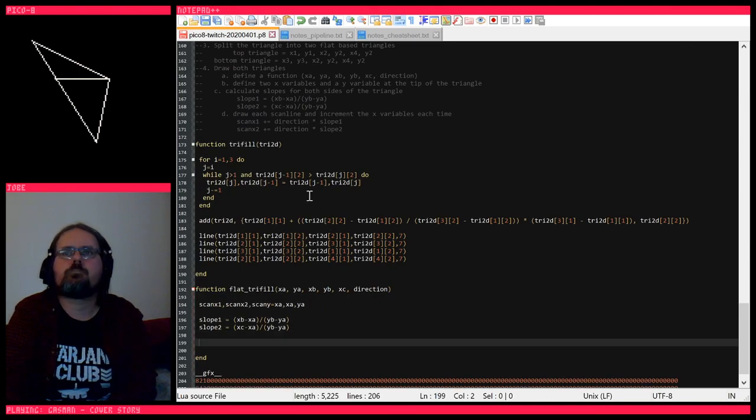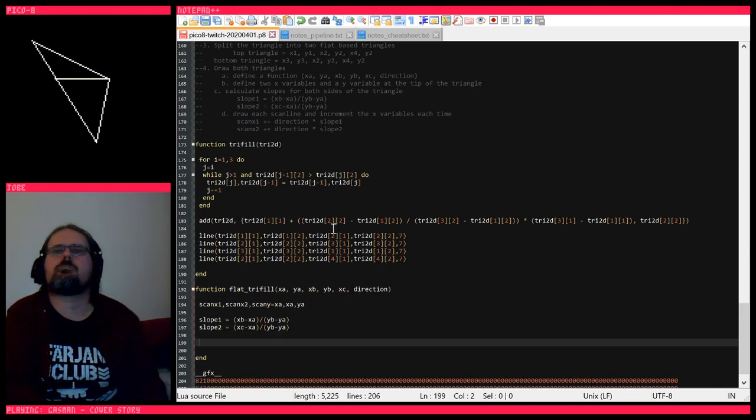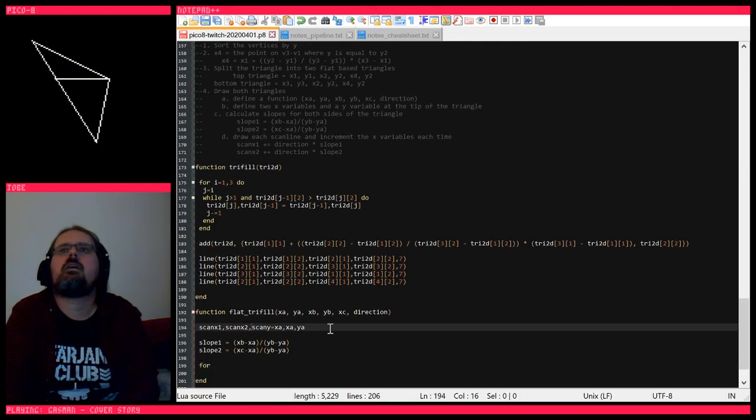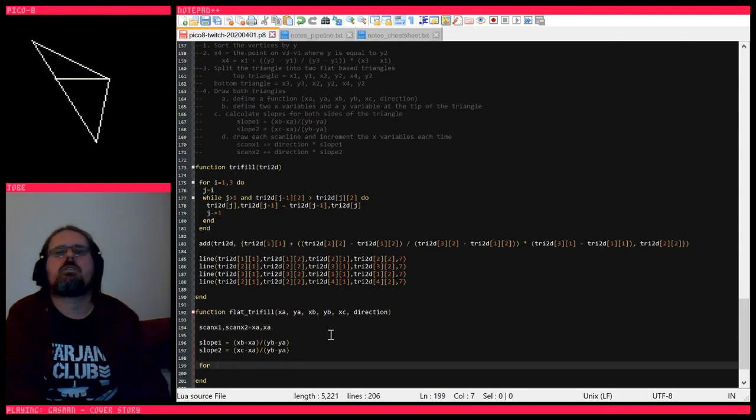And now we can do a for loop for... No, wait, we don't actually have to... Of course we're not defining the scan y here, because it's just going to start at ya. For scan y we're going to start at ya, obviously.